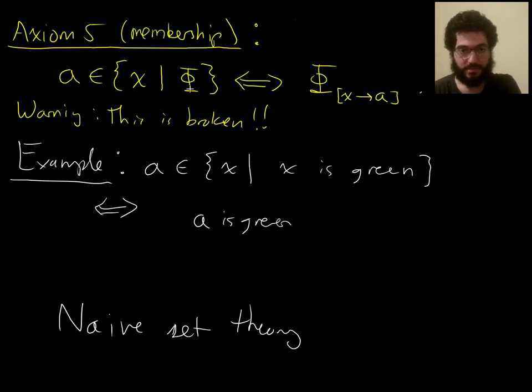We accept that there are some choices of phi, some choices of proposition here, where if you put them here, then you will be able to use this axiom to get a contradiction. And so we just include this warning. You can think of this warning as saying, don't apply this to bad propositions. There are some propositions we should avoid.